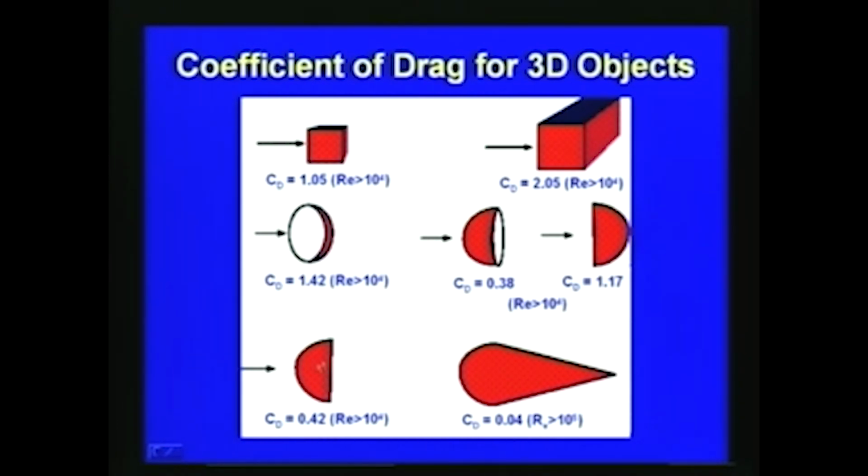And in a very similar way, if you keep a hemisphere like this, then it is 0.42, and if it is a streamlined body like this in three dimensions, you can show that even when the Reynolds number is about 10 to the power 5, the coefficient of drag is much lower, about 0.04.